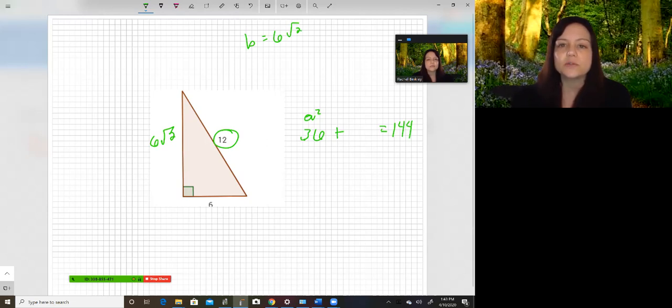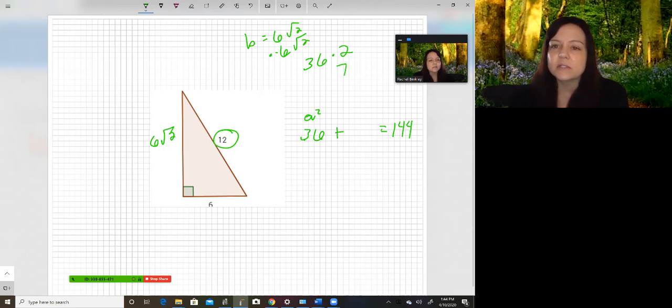And 6 root 2 squared, 6 root 2 times 6 root 2, is going to be 36 times 2, because the square root of 2 times the square root of 2 is just 2, which is going to be 72.